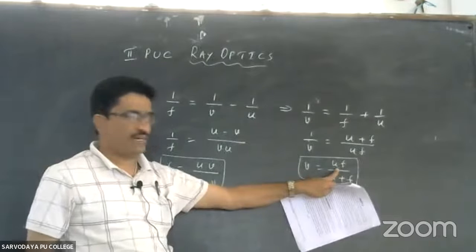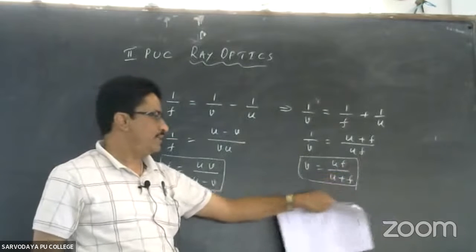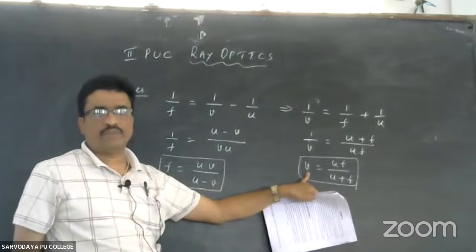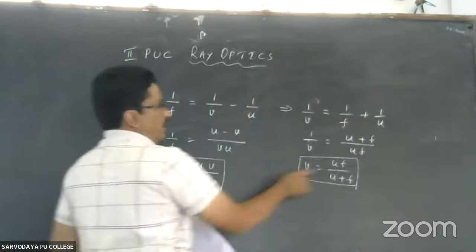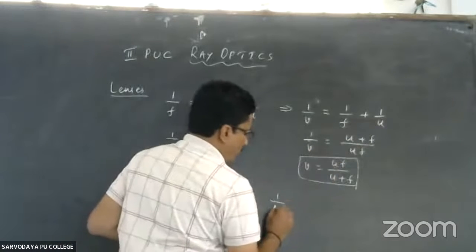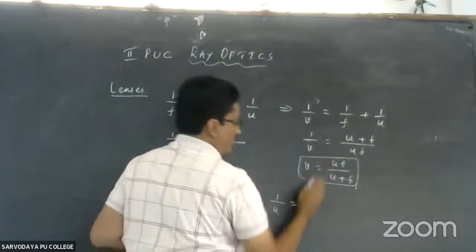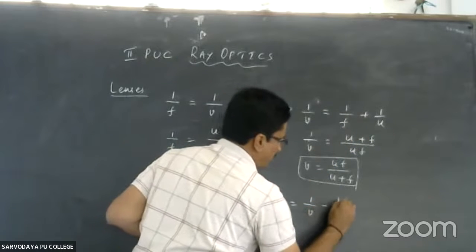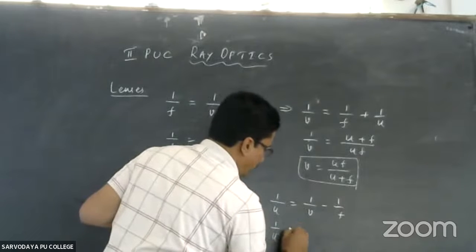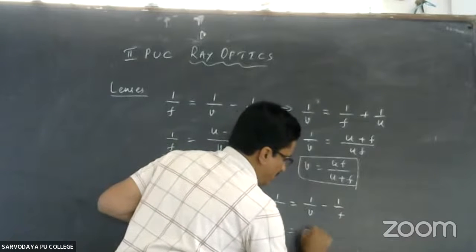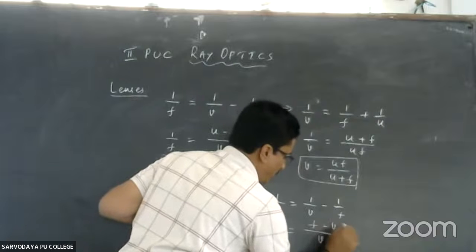This is the formula for image distance. Therefore, if you are given the object distance and focal length, directly use this formula for finding the image distance. Similarly, from this one, if I consider 1 over u, it will be equal to 1 over v minus 1 over f. Comparing, vf is the LCM and this is f minus v.